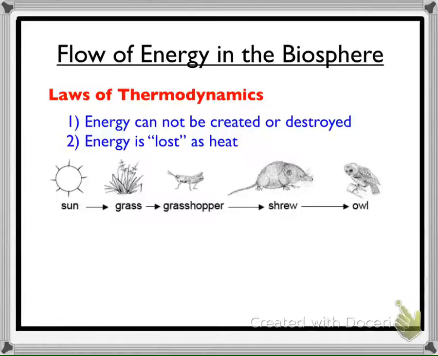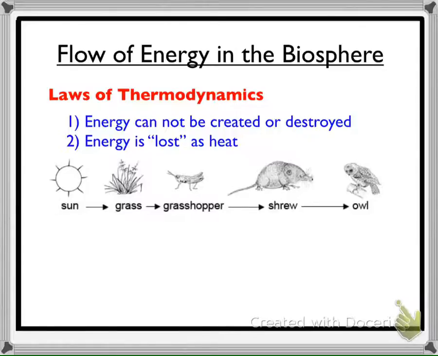The second law of thermodynamics states that energy is lost as heat. So, when the grasshopper metabolizes the grass that he's eaten, so when he digests it, this energy transfer is not going to be 100% efficient. In fact, most of the energy that was present in the grass is going to be lost as heat to the environment.